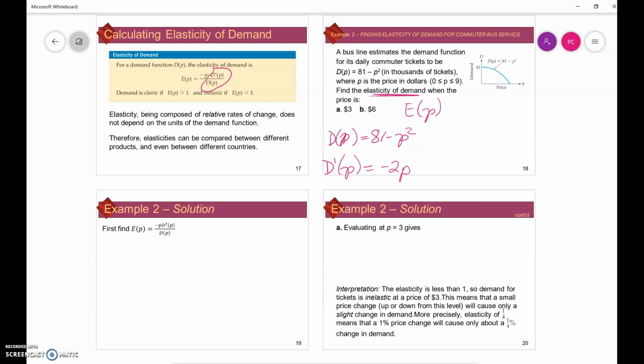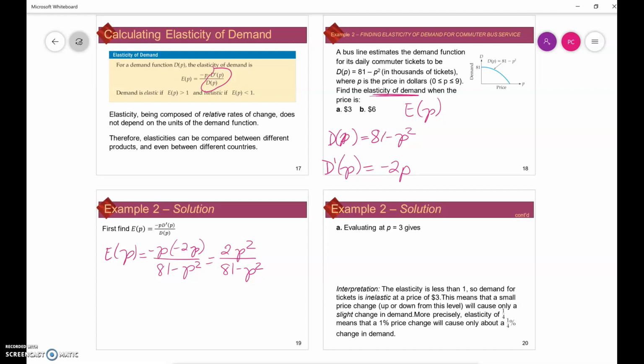So if we plug both of these into that elasticity formula, E of p equals negative p times negative 2p over 81 minus p squared. Simplifying this gives us 2p squared over 81 minus p squared. Once we find this, we'll be able to use it for both part A and part B without having to find it a second time.